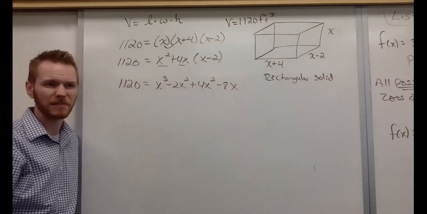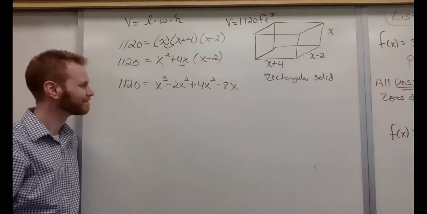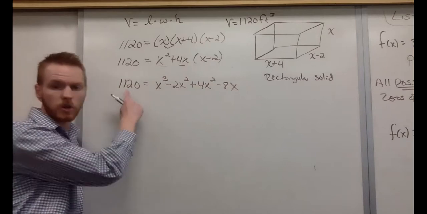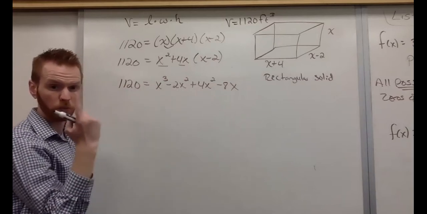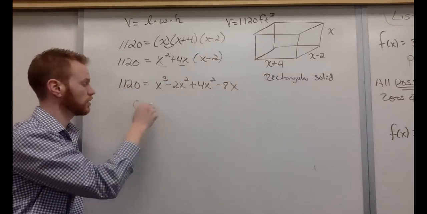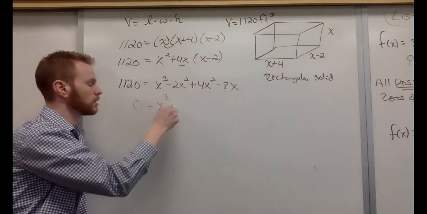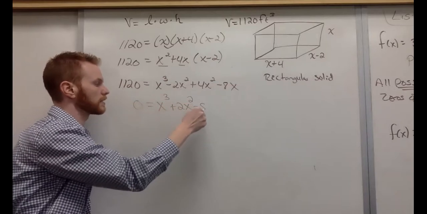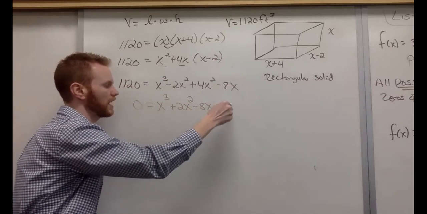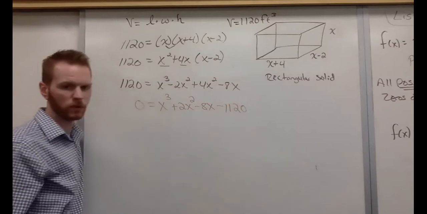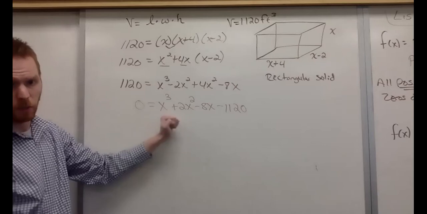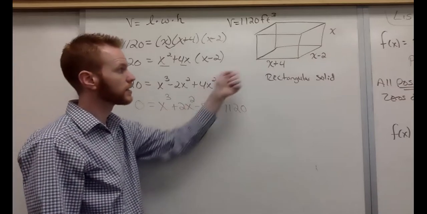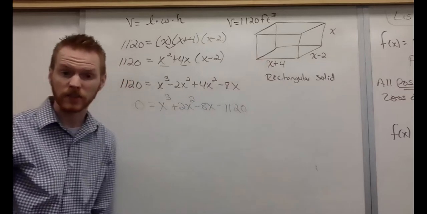I'm trying to make this not as long of a video. Now I'm going to bring this over here and combine the x squareds in one step. So 0 equals x cubed plus 2x squared minus 8x minus 1,120. Whatever answers satisfy this give me the dimensions of the solid.